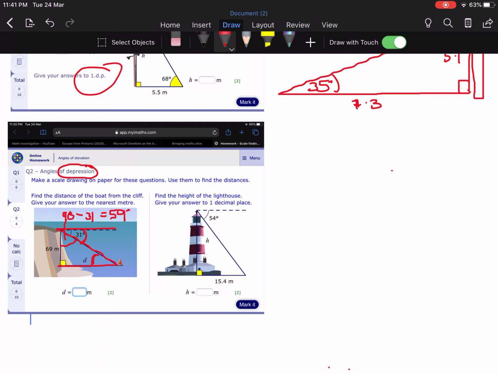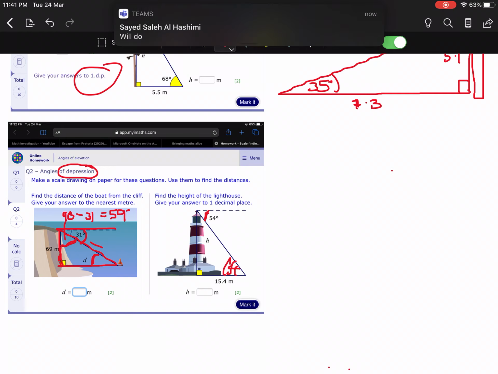So you could also measure an angle from this to here, and draw down, and that will be able to give you it. And the same here, if this is 54, this is also 54. So you just do a 15.4 centimetre line, 54, and then you can get your height.